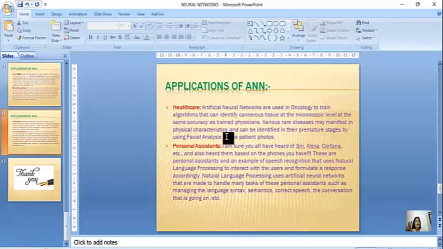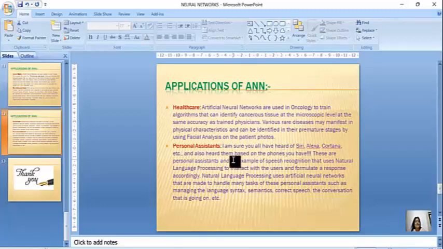Cancerous tissue will be identified at the microscopic level, with similar accuracy to trained physicians. Various rare diseases may manifest in physical characteristics and can be identified at their premature stage this way.